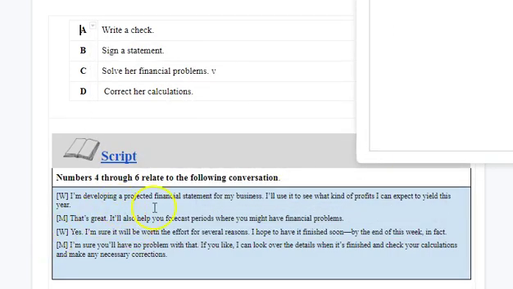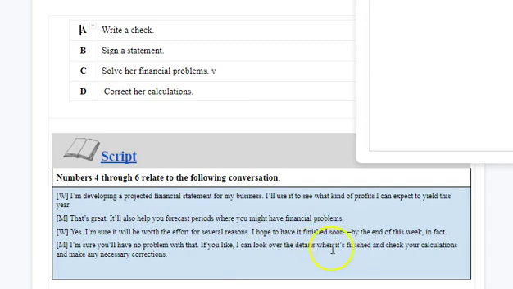I'm developing a projected financial statement for my business. I'll use it to see what kind of profits I can expect to yield this year. That's great. It'll also help you forecast periods where you might have financial problems. Yes, I'm sure it will be worth the effort for several reasons.